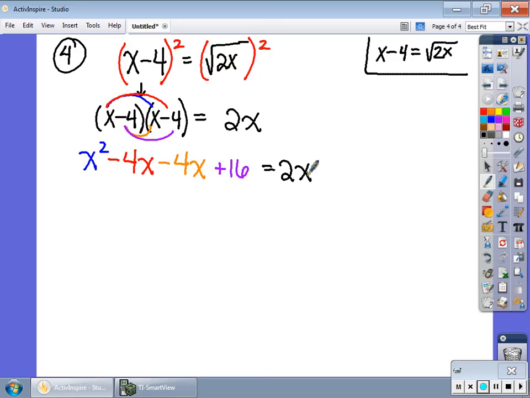Okay? Now let's combine our like terms. Negative 4x and negative 4x is going to make negative 8x. The x squared stays. And then we still have plus 16. And that's equal to 2x.